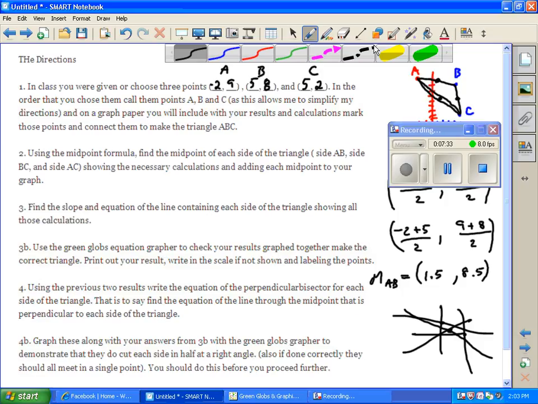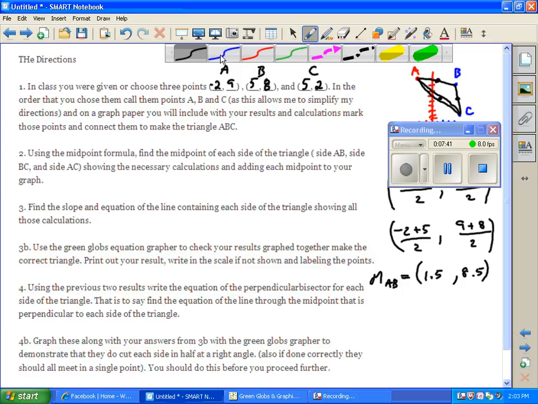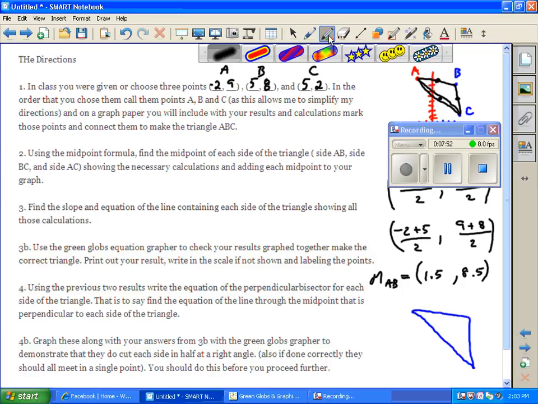That is a really bad picture. I apologize. Let me draw it in two colors. I'm trying to make it a little neater. So what I'm looking for is, let's say this is your triangle. When you found the equations and you found them properly, then here are some midpoints.